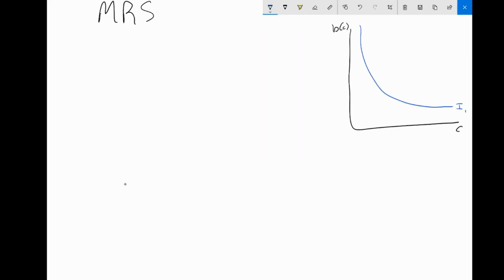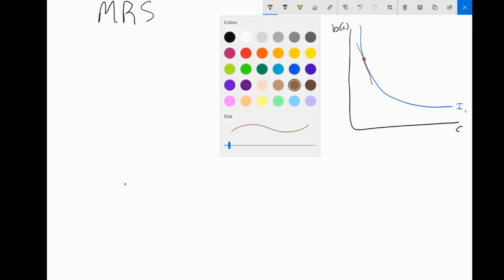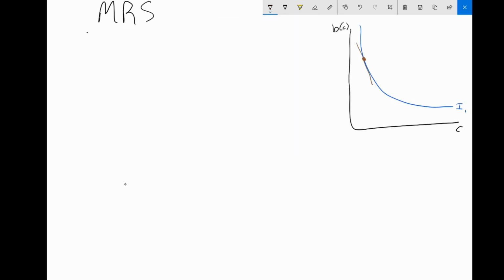The marginal rate of substitution is the derivative. So we want to be able to calculate the derivative of B with respect to C. This is what we're looking for. We want to find this, and I'm just going to show you how we derive it.